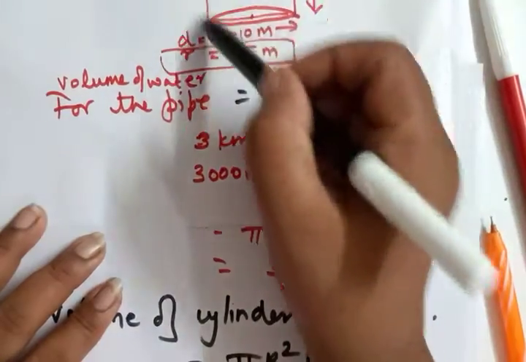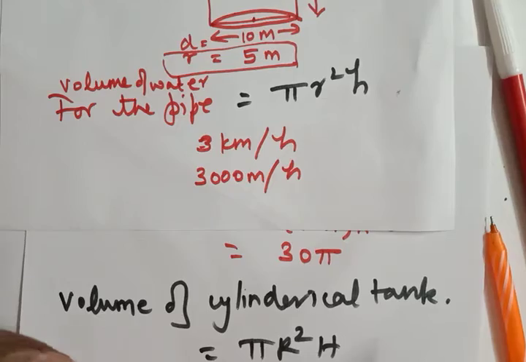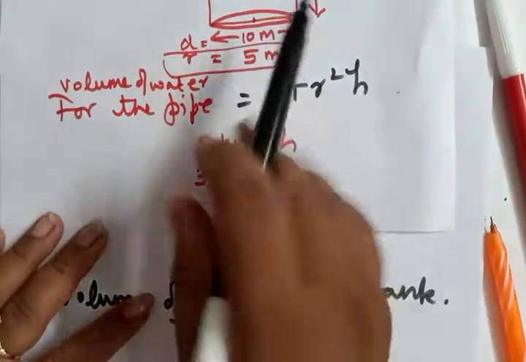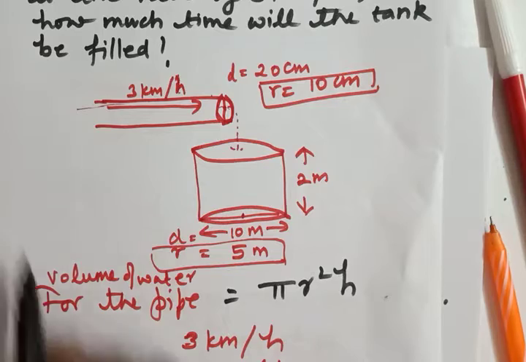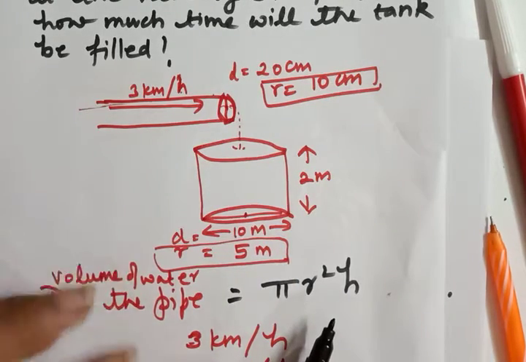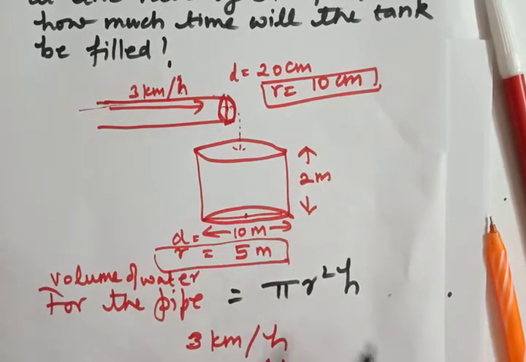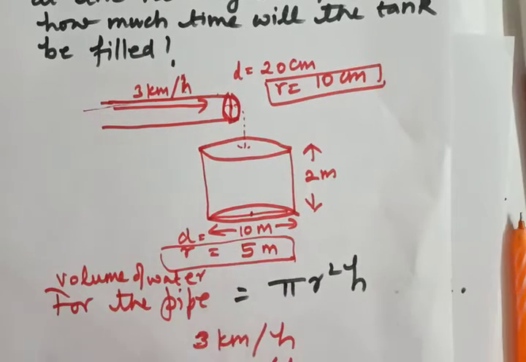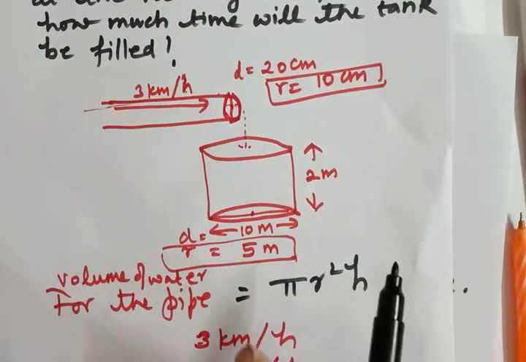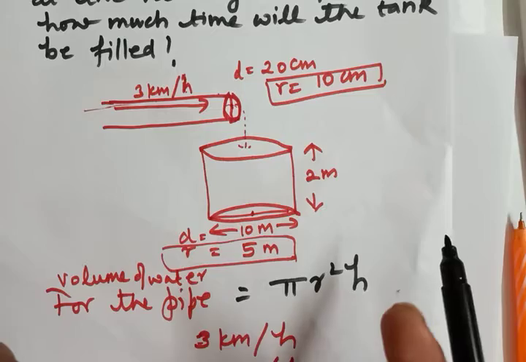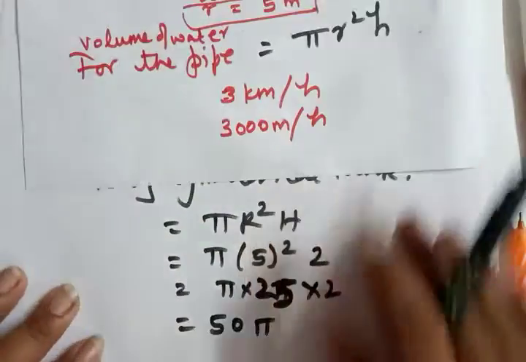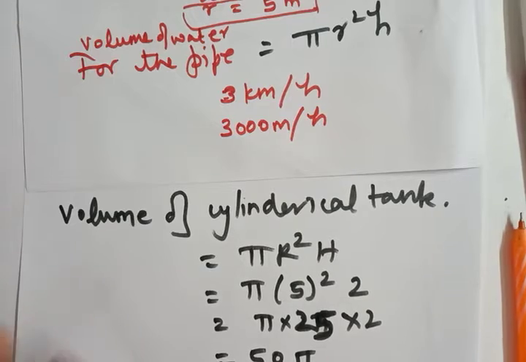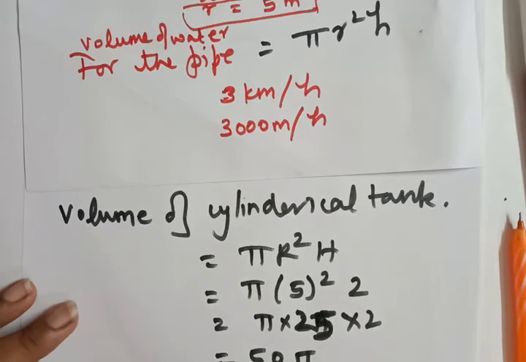Now we have to find out in how much time this cylindrical tank will be filled through the pipe. For this we need to find the capacity of the cylindrical tank. Capacity is the volume, which is fixed, that is 50 pi we have found.